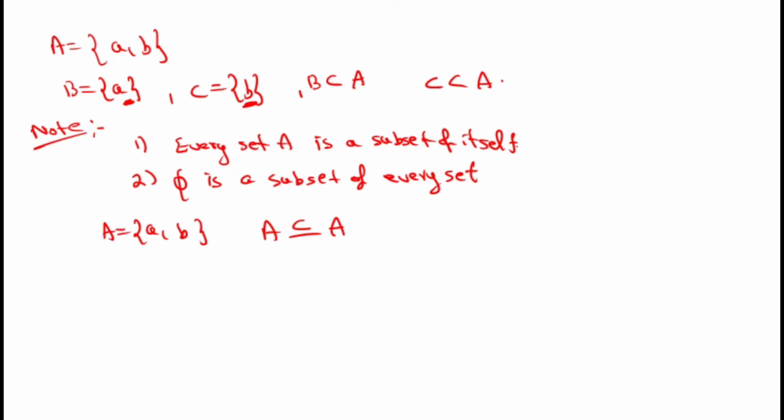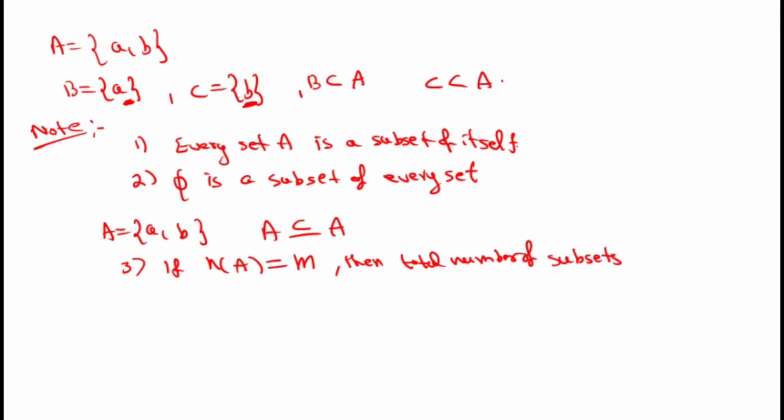Okay, and the third note is: if n(A) is equal to m, that means the number of elements in a given set is equal to m, then the total number of subsets is equal to 2 to the power m. Okay, it's a very important note.